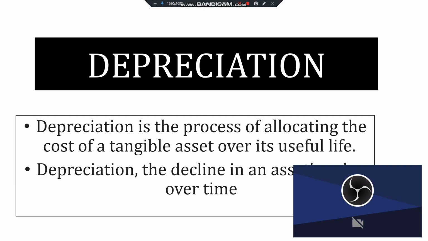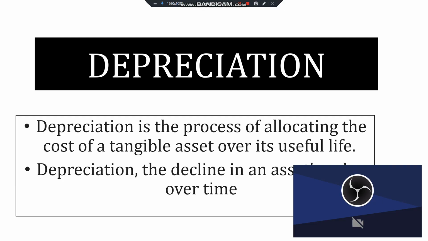To put in simple words, if a company is purchasing a machinery and the company is expecting that machinery to work for a period of 5 years, that is a useful life. So the cost of an asset will be taken into consideration, and then the useful life, the period in which the machinery is expected to work, is a very important thing to note to calculate the depreciation.